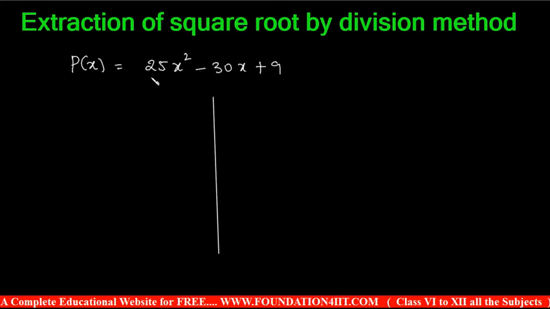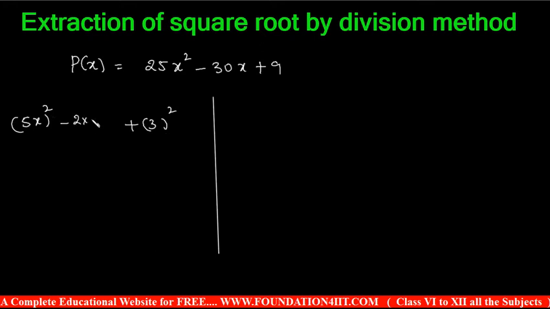A formula exists. 25x square you can write as 5x whole square, right? And the last term 9 I can write as 3 square. In between there is a minus 30x. So if the first is a square and the ending is b square, the middle is minus 2ab.